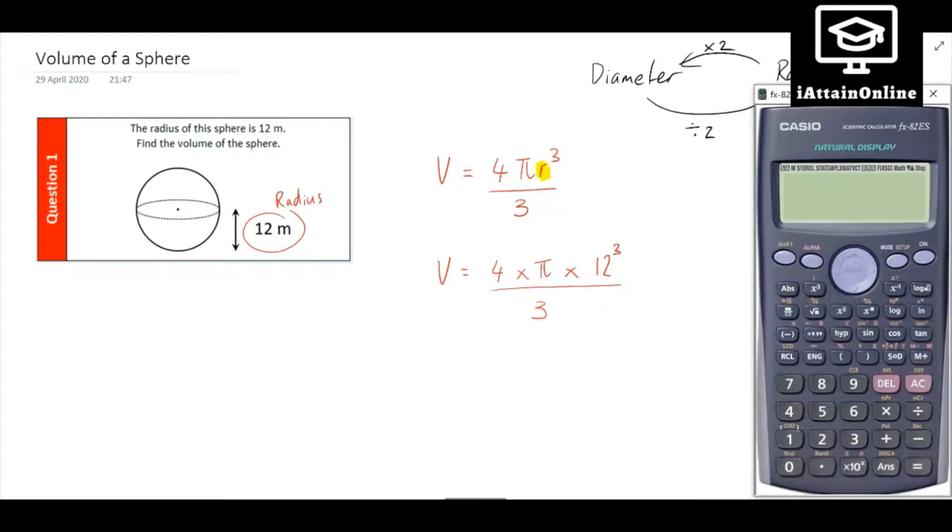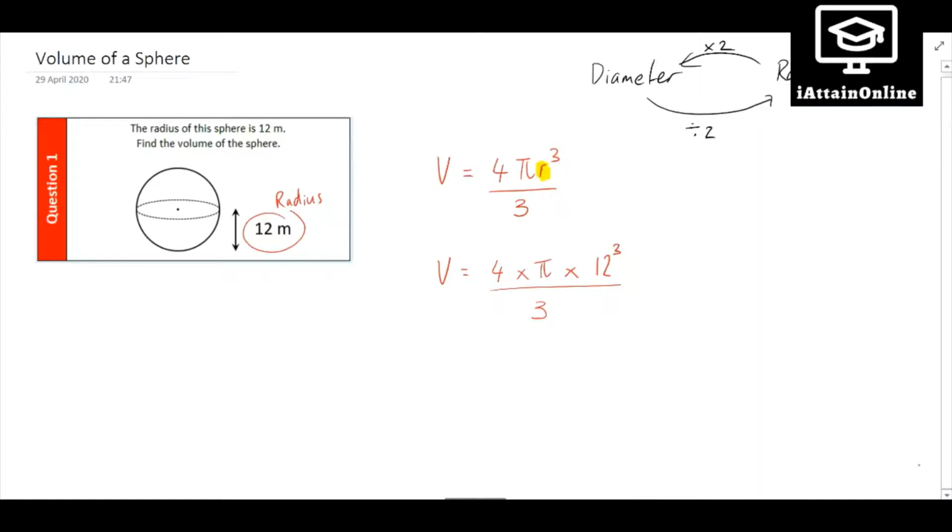And then it's just a case of putting those values into your calculator. So I'm going to suggest you use the fraction button, and we're just going to write 4 times pi times 12 to the power of 3, and then in the denominator of the fraction we're going to write 3, press equals.